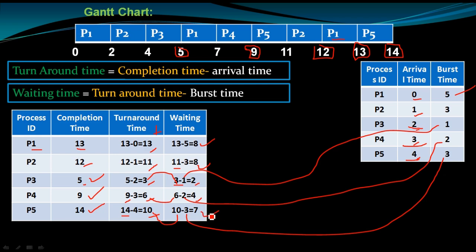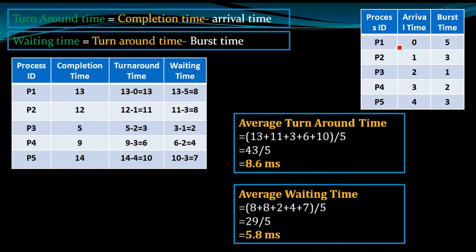So this is how we can calculate the turnaround time and waiting time in round robin scheduling. This is what we have calculated, and we got this table of turnaround time and waiting time. Based on these individual process turnaround times and waiting times, we can prepare the average turnaround time of all the processes.